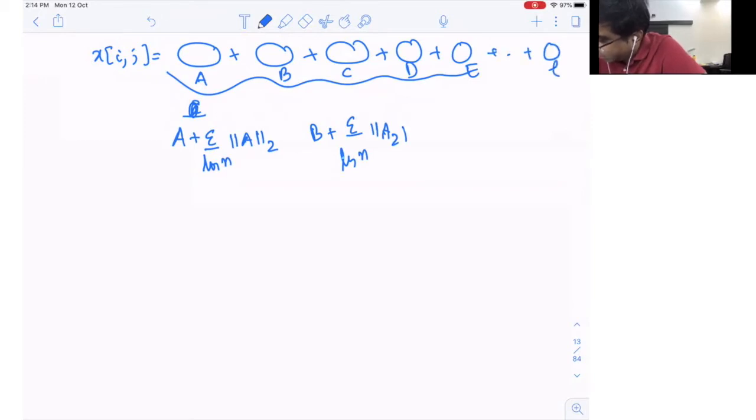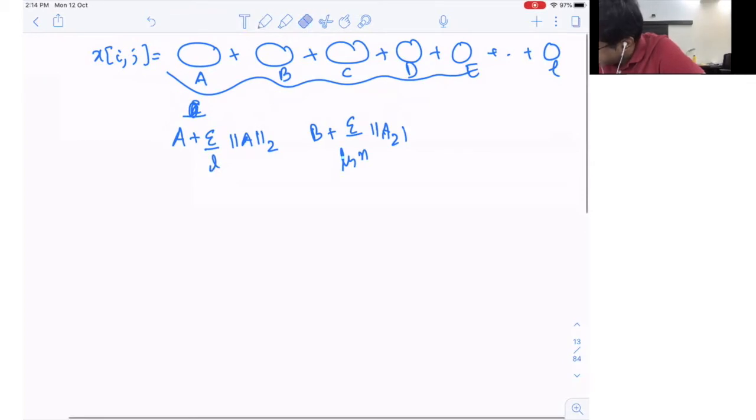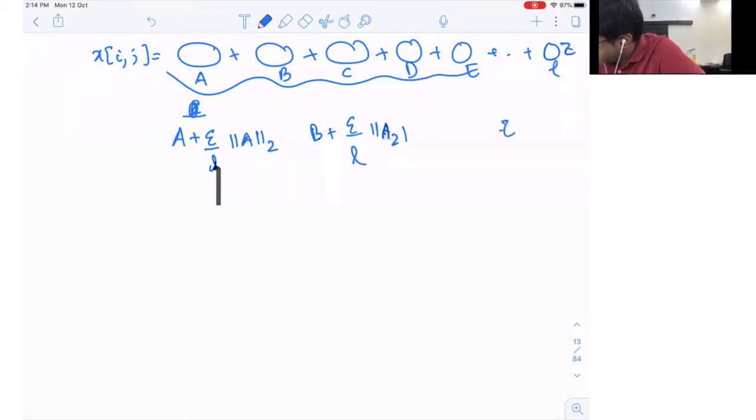So forget log n, epsilon over L, and whatever it is, say Z, Z plus epsilon over L. In fact, what I will give you is not this. Actually, I will give you the error with respect to X, which is the overall norm.